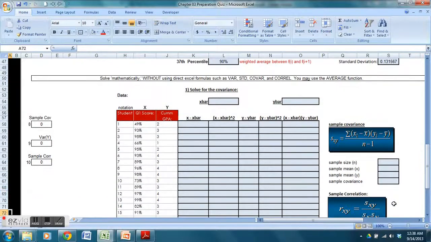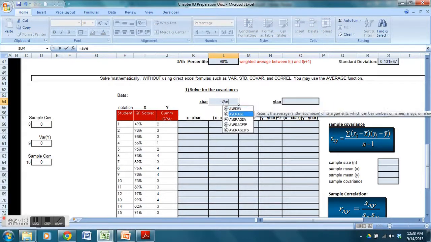So here we want to solve mathematically without using the variance, standard deviation, covariance, and correlation functions, but we can use the average function. So x bar, if you remember, just represents the sample mean for the x values. I said we can use the average function, so let's just do that.